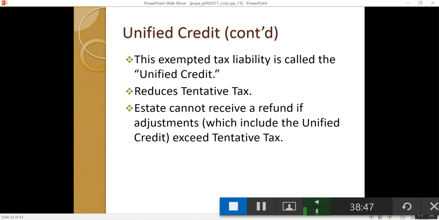Let's say the renter's credit was $200. Even though my tax liability is only $100, I would get $100 back in cash from the IRS. And that's because my tax liability was $100, I got a refundable credit of $200, and 100 minus 200 is negative 100. So I actually got cash back of 100. What they're saying here is that the unified credit is not a refundable credit. So if your unified credit, once you net it against your tentative tax, brings you to a negative amount, it just goes poof. You don't get any money back.